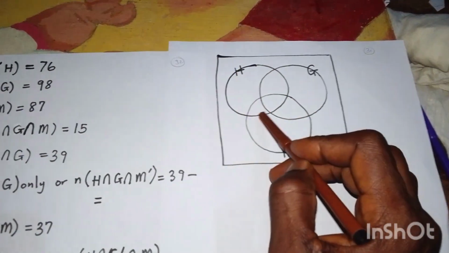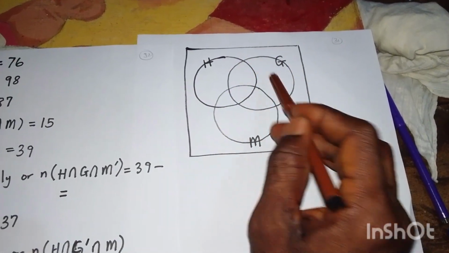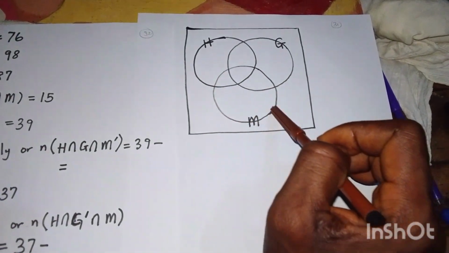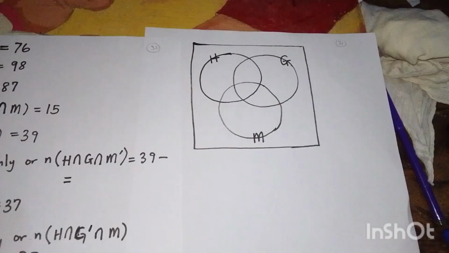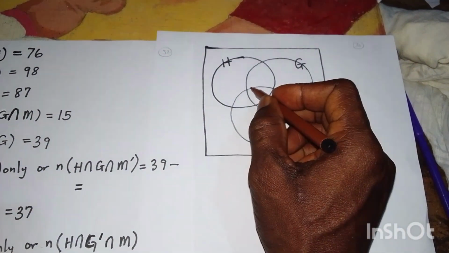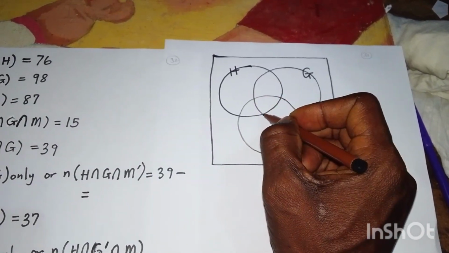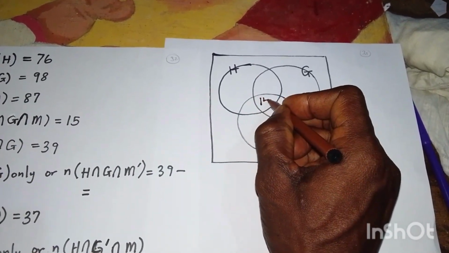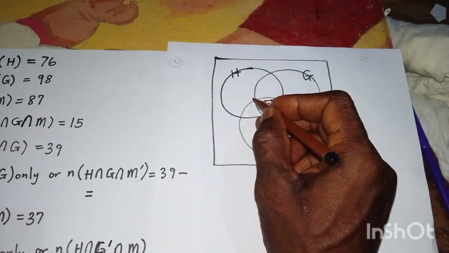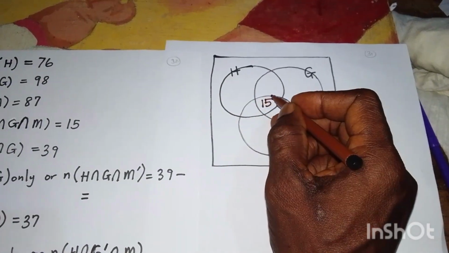This is the first circle for history, second circle for geography, and the third circle for mathematics. All these three subjects intersect at this center here. That means 15 students like all the three subjects, and 15 is going to be here.